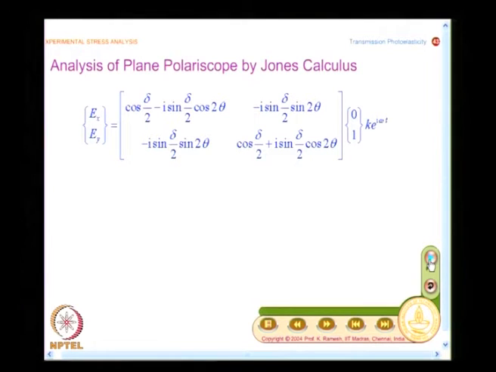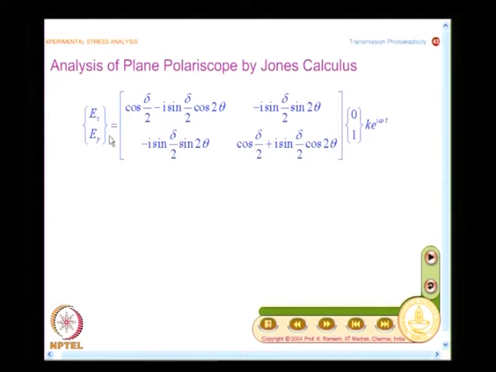And what is the next element? You have only the model, and you have already written down how to represent a retarder. In fact, you can put the rotation matrix, retardation matrix, and reverse rotation matrix, and then finally arrive at this. But instead, if you directly write, it saves your time, and it is very simple to remember, it is not difficult, which you will be in a position to do.